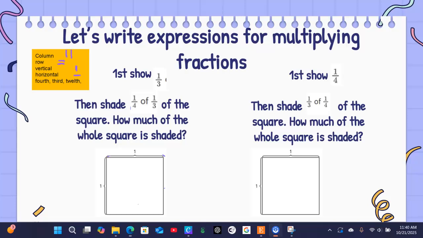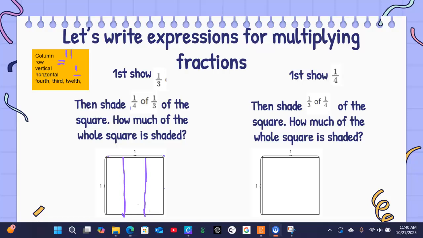I could have 1/3 again. Ooh, that's not equal. If you find that your lines are not close to evenly partitioned, all you have to do is erase it. It's your notes.